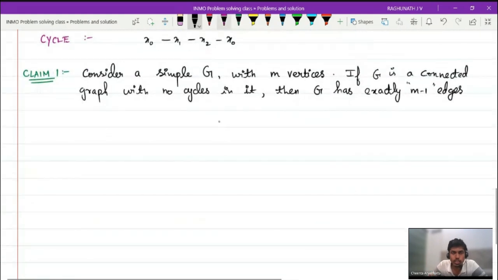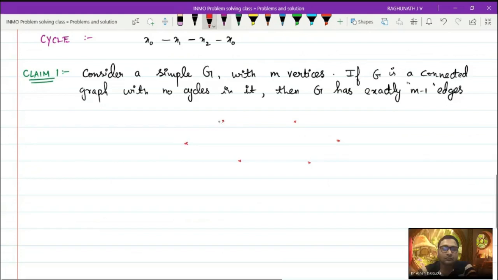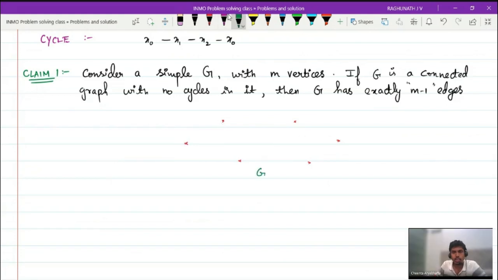So what is being said here? If you have some m vertices, and this graph G is connected and there is no cycle in this graph, then there are m minus 1 edges. For example, if there are 6 vertices, then exactly 5 edges are there. Intuitively you can see, if there is one more edge, it's going to form a cycle, so we will be in trouble.